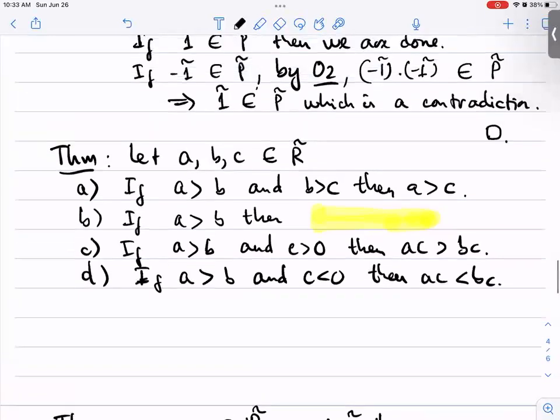For example, for the next theorem here, part B says that if A is greater than B, then the conclusion is that A plus C is greater than B plus C. This is obvious from our intuition, but remember, in this case, we have to deduce it from the set of axioms and properties we learned earlier.